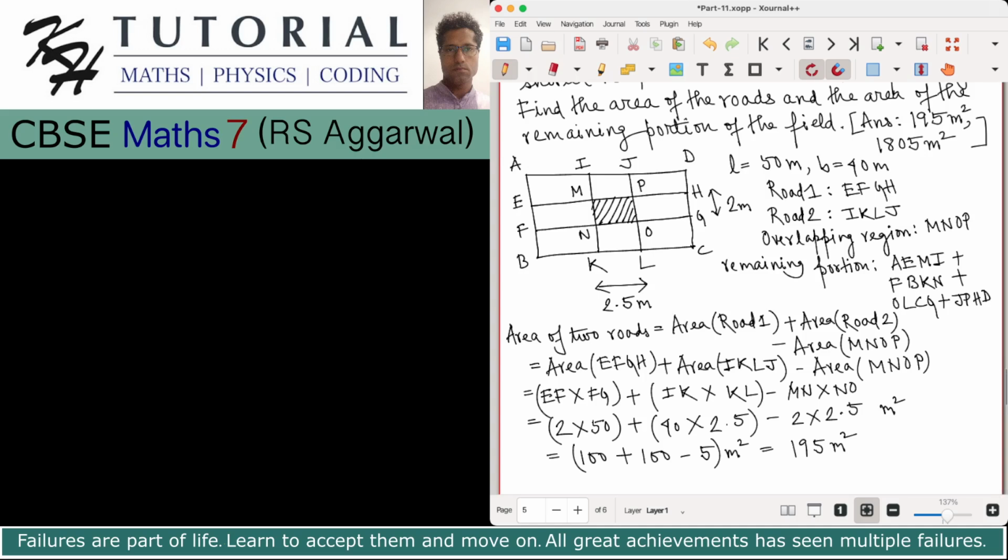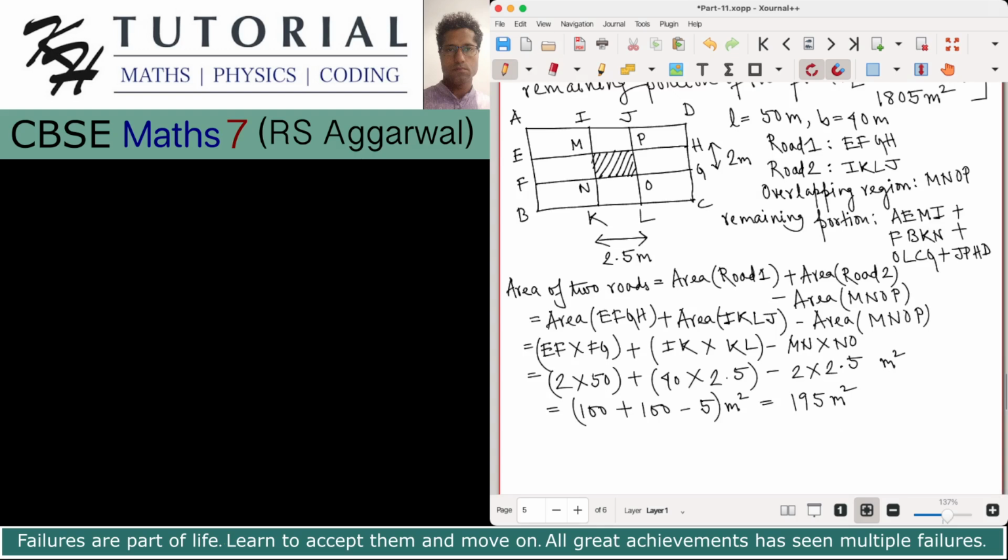Okay. Now, what will be the area of the remaining portion? As you can see, the area of the remaining portion is the area of the rectangles AEMI, FBKN, OLCG, and JPHD.